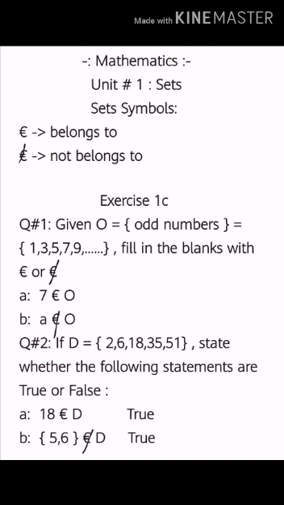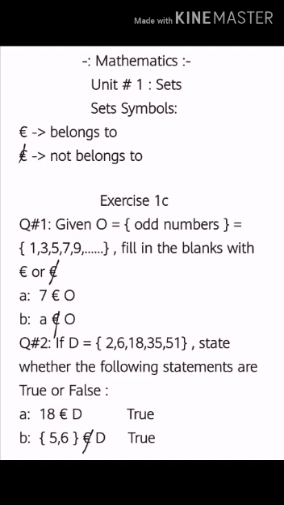Part B we have is singleton set of 9 dash O. As we know, singleton set of 9 is not present in the set O, so we will write the sign of not belongs to.